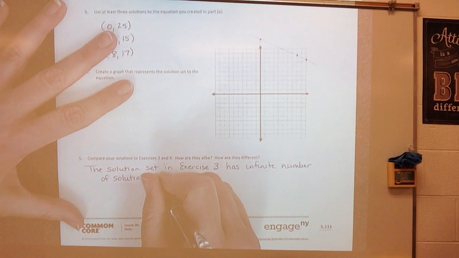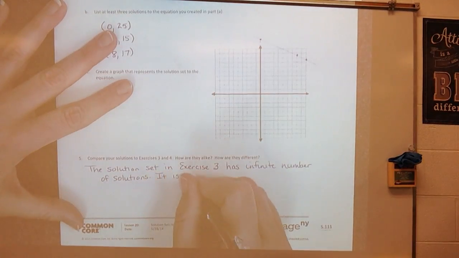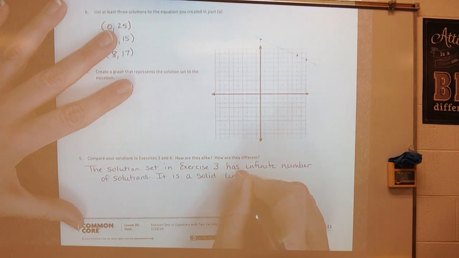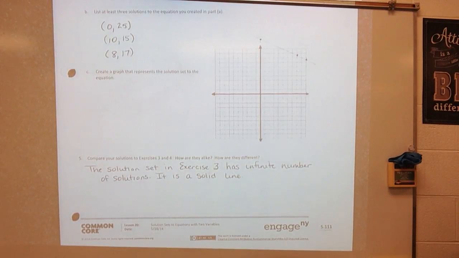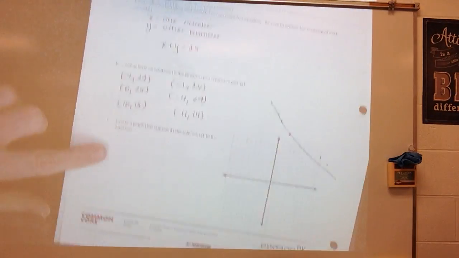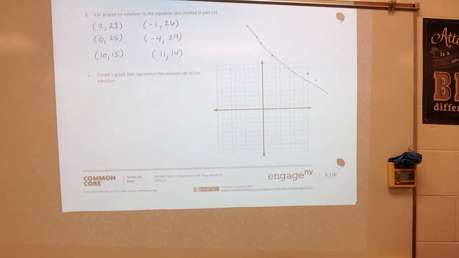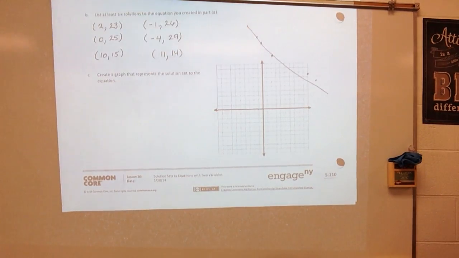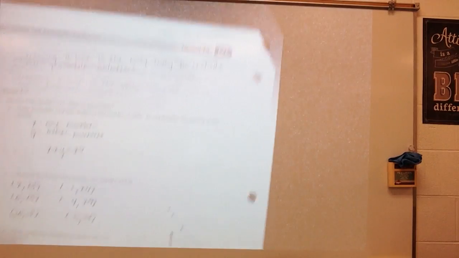And it is a solid line. Okay? Because I can do 2.5. If I go back over here, I can go 2.5 and then figure out what y is. I can do negative 58 and figure out what y is.